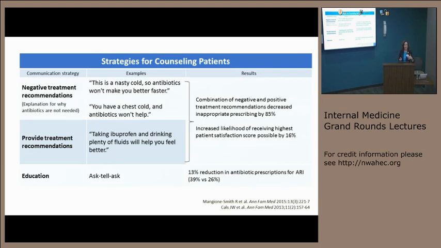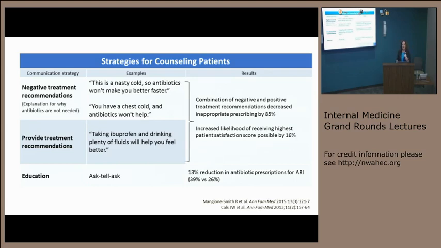Giving those recommendations for symptomatic relief in combination with the negative treatment recommendations has been shown to reduce unnecessary prescribing by 85%. And it does increase patient satisfaction.